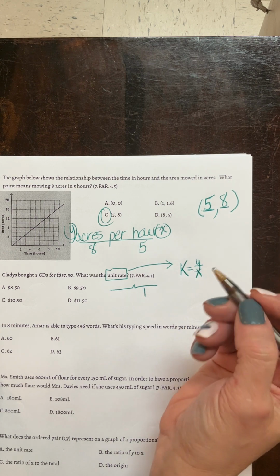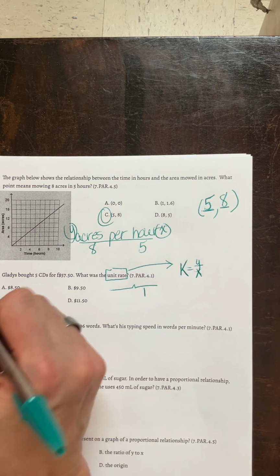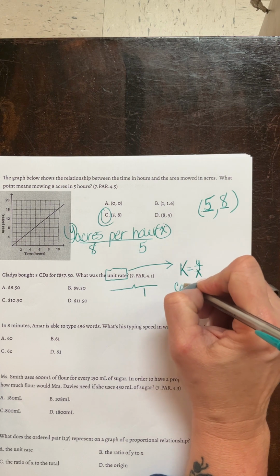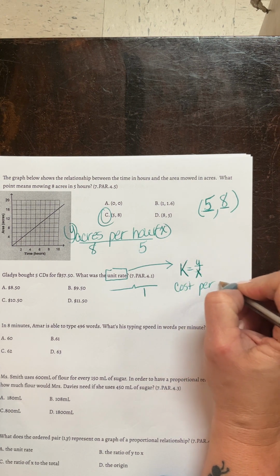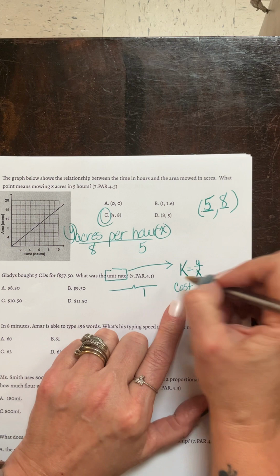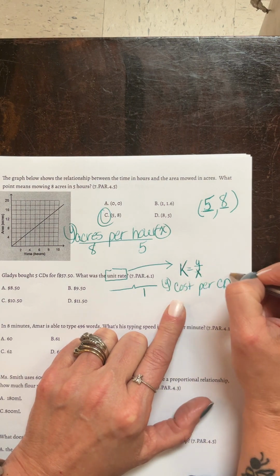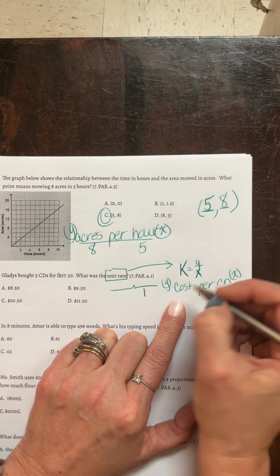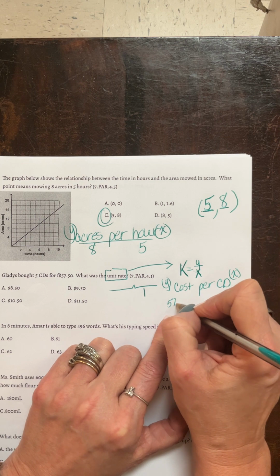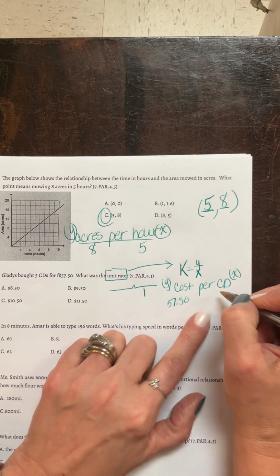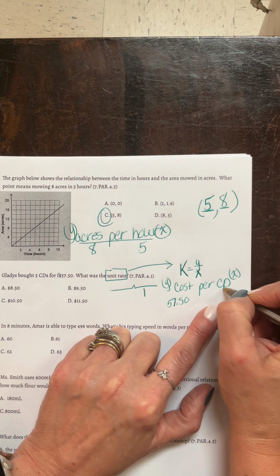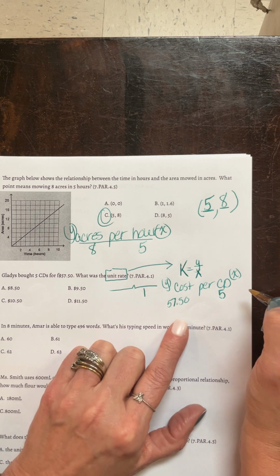So let's write our per statement. Cost per CD. This is always Y. This is always X. Cost would be $57.50 per 5 CDs.